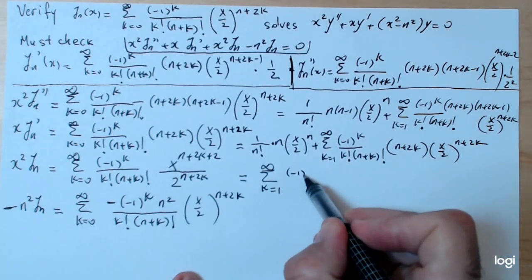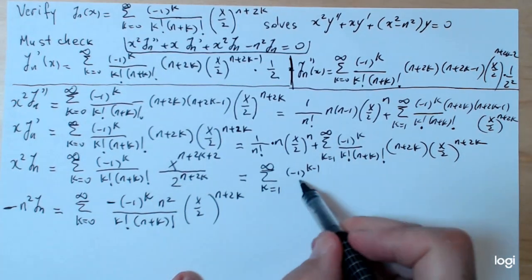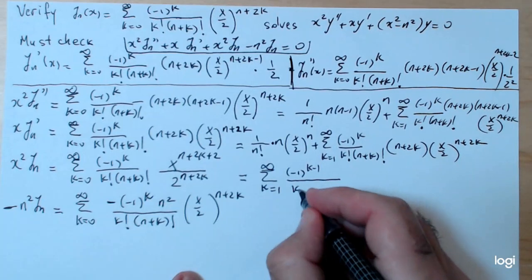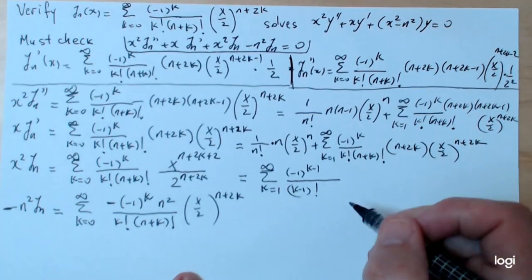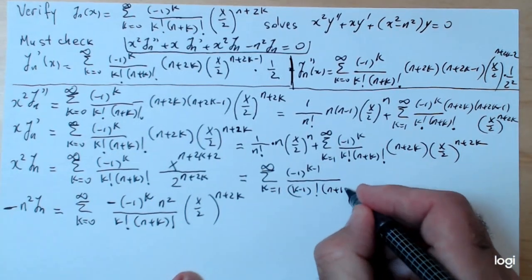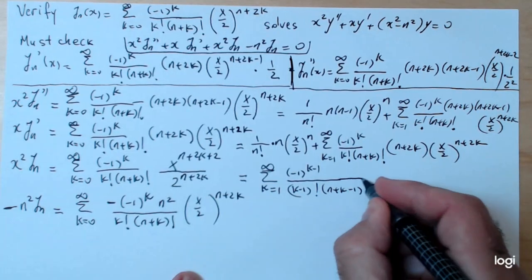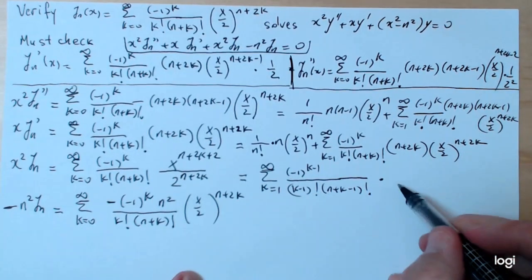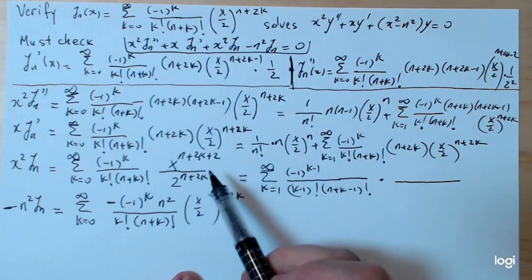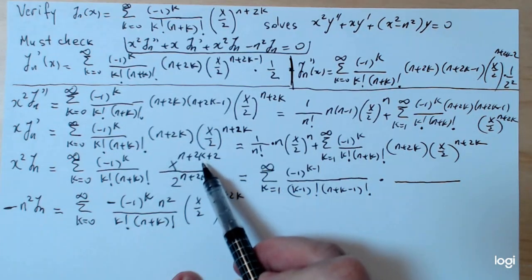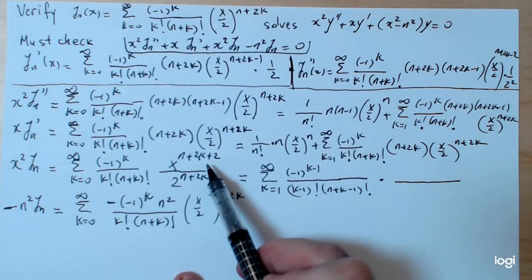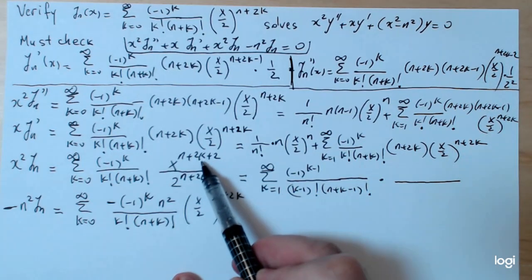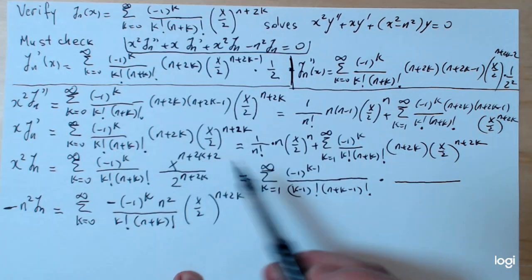So minus 1 to the power k minus 1 over k minus 1 factorial, n plus k minus 1 factorial. Let's look carefully here. If I replace k with k minus 1, this reverses back to n plus 2k, because we have n plus 2k minus 2 plus 2, right?